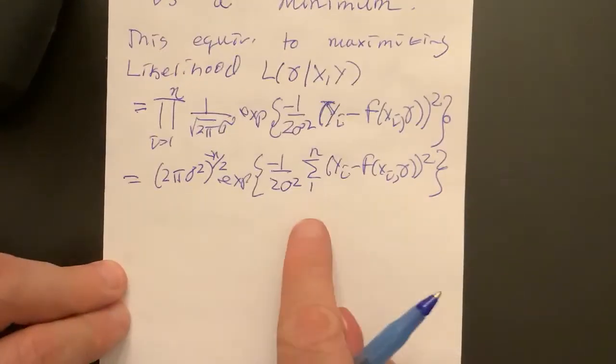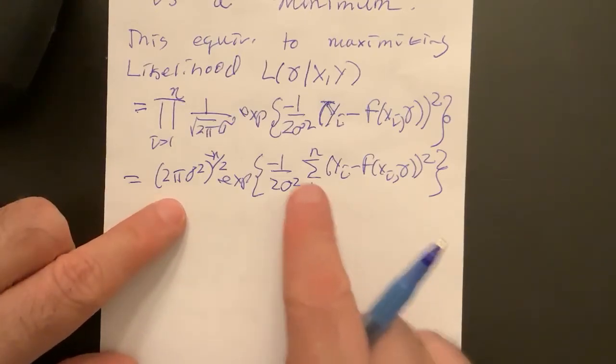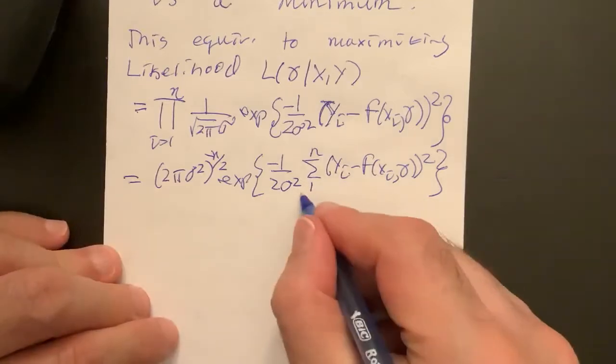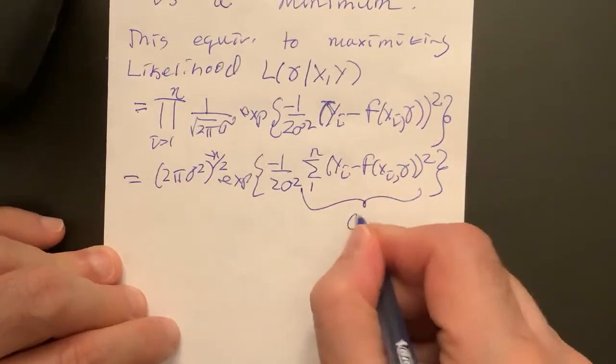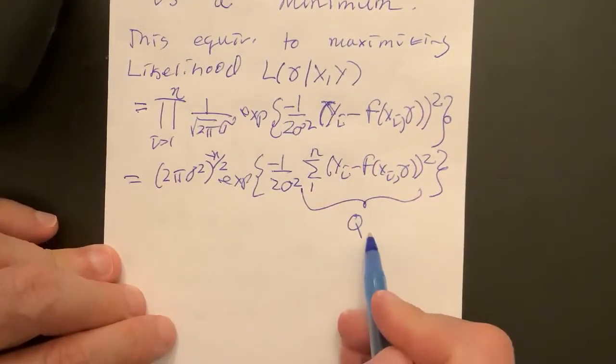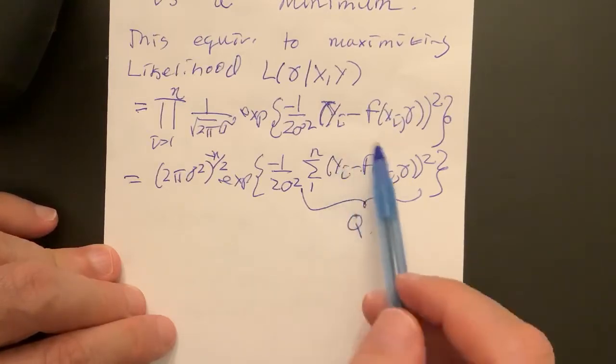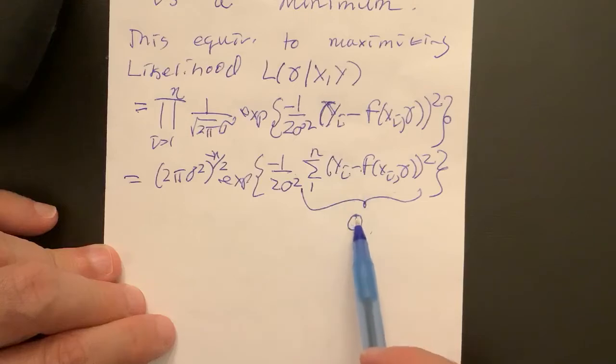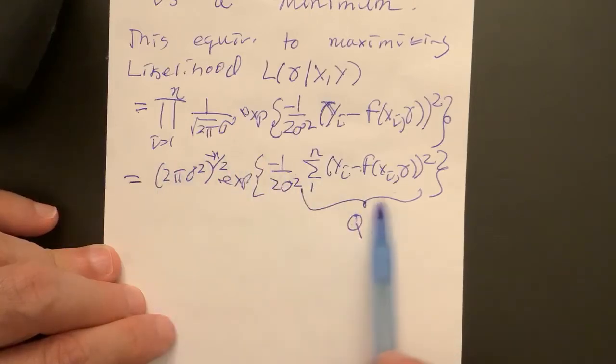And you see that this is Q, right? So we see that minimizing Q, this is positive, and this is negative. So the smallest positive number here will make the likelihood the biggest.